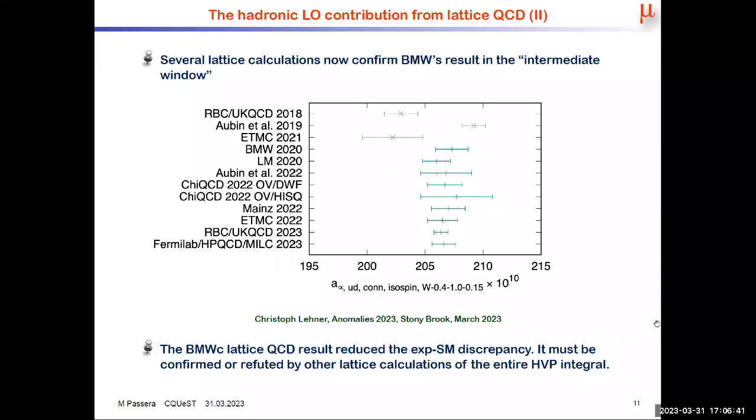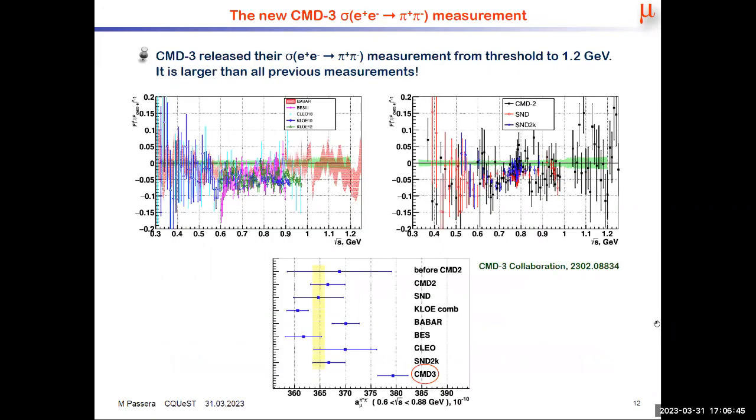Okay, this is already puzzling, of course, but to make the situation even more puzzling, if it's not puzzling enough for you, there is a new result that appeared very recently, a new measurement of the pi-pi cross-section.